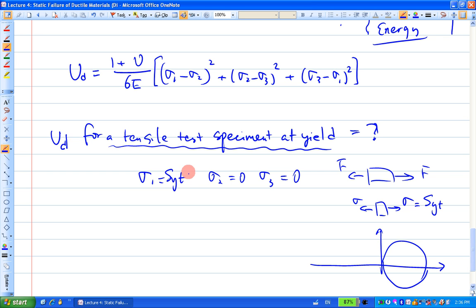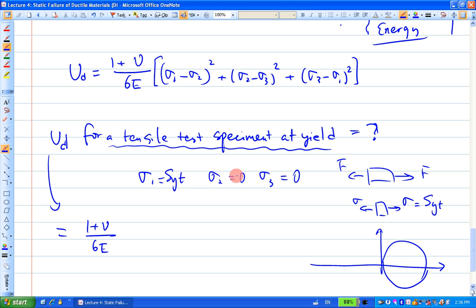You're looking for the UD based on these values. So what do we do? We substitute these three over here. We get (1 plus V) over 6E, but let me write it down. You plug this into here, that's SYT square.